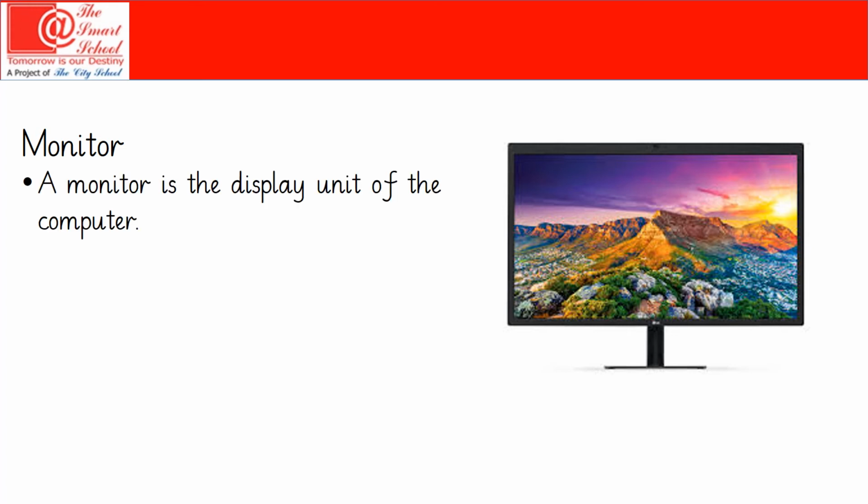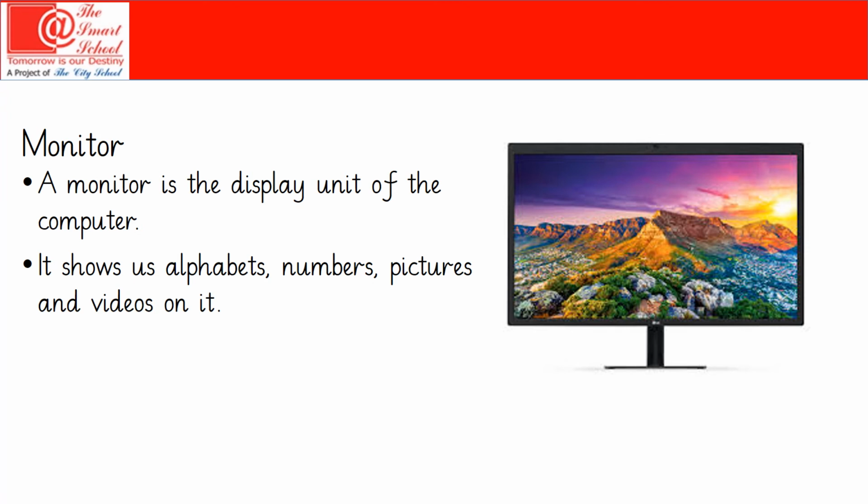Yes, it is the display unit of the computer. It means that it shows us what input we have given to the computer and what is the result of our given input. It shows us alphabets, numbers, pictures, and videos on it. It looks like a television screen.